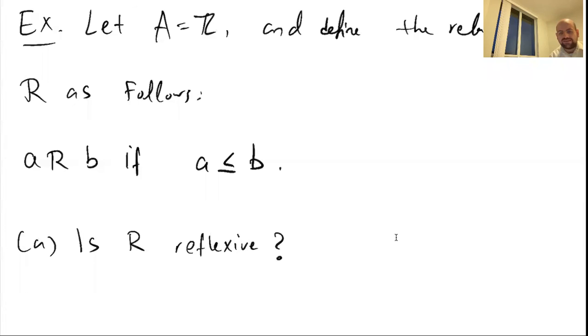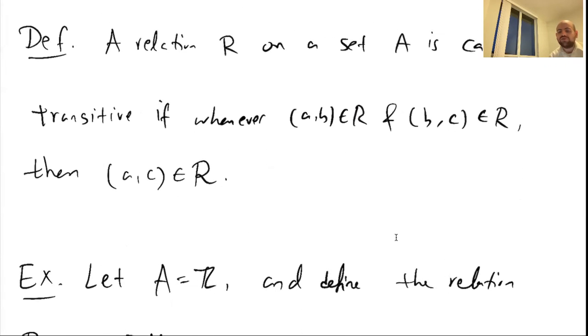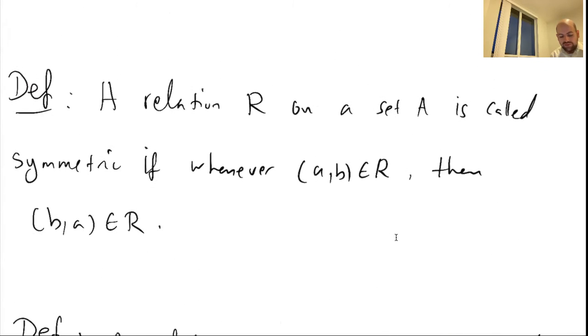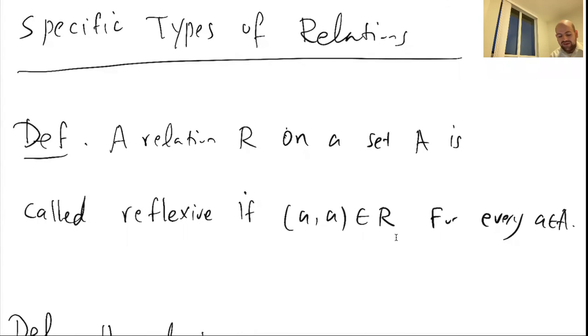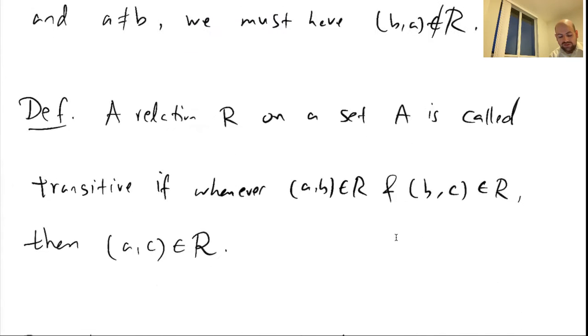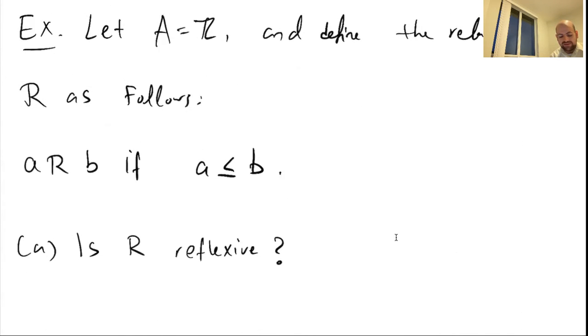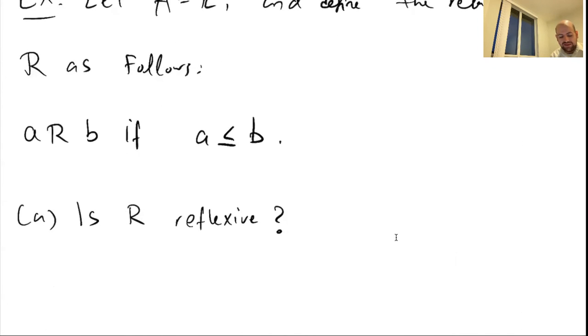Is R reflexive? So what is the definition? Whenever you want to answer a question in mathematics, you have to look at the definition. What is the definition of reflexive? So let's look. We said a relation is reflexive if A and A is in R for every A in A. So my capital A here is Z. So can I say that A and A is in R for every A in Z?